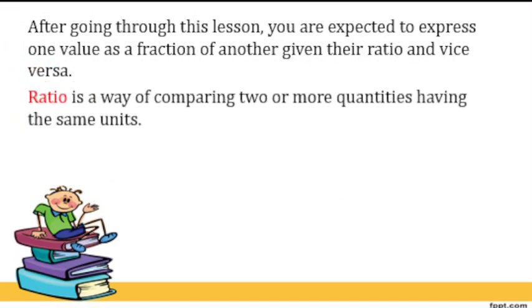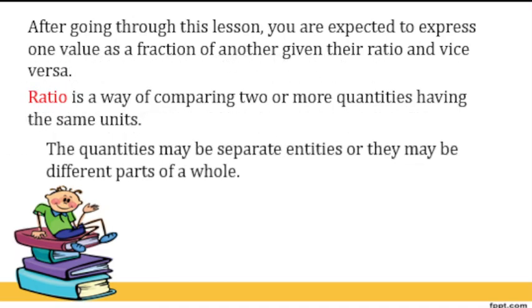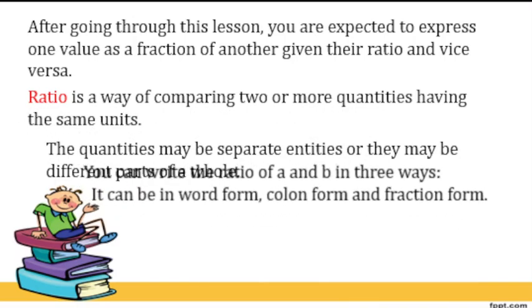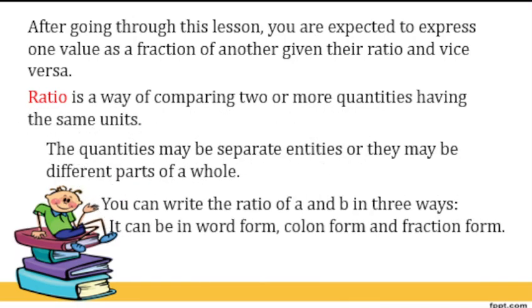Ratio is a way of comparing two or more quantities having the same units, or the quantities may be separate entities or they may be different parts of a whole. You can write the ratio of A and B in three ways.